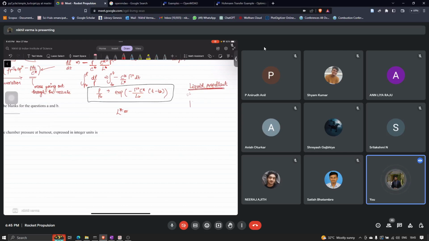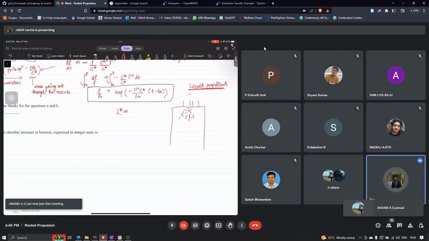When you inject this fuel into the combustion chamber, it requires a certain amount of length to vaporize and to burn.